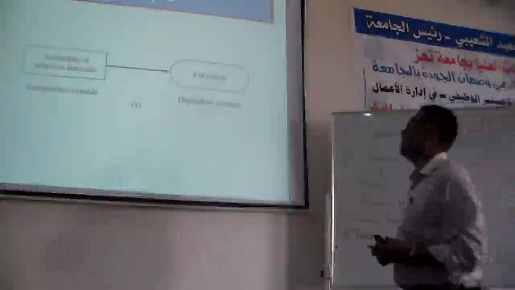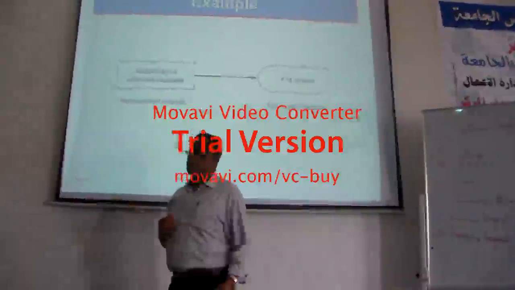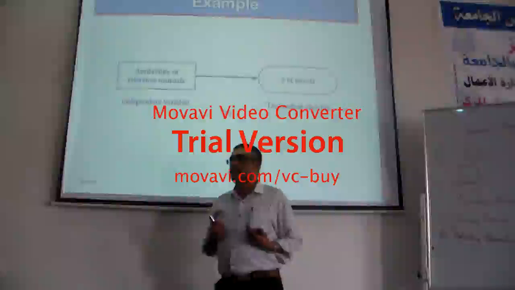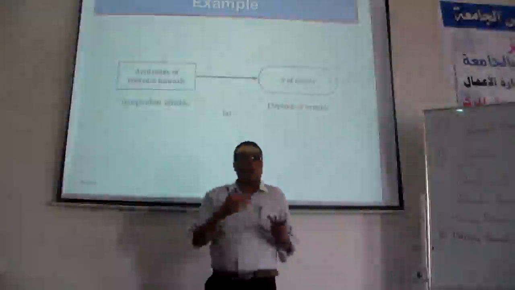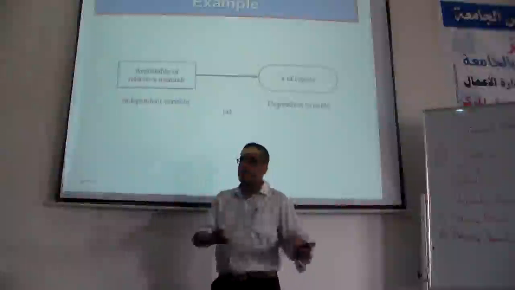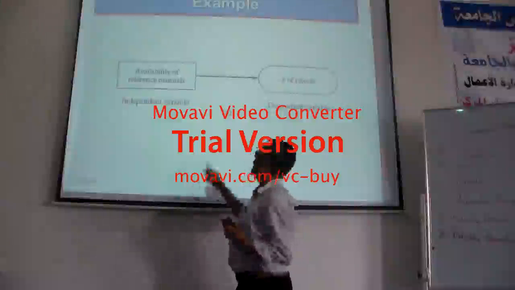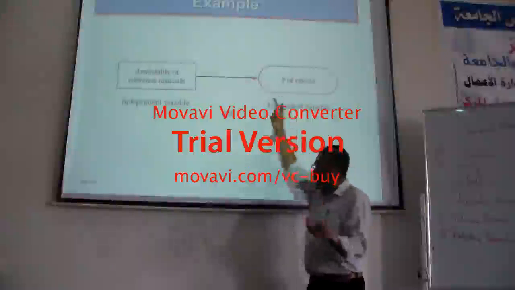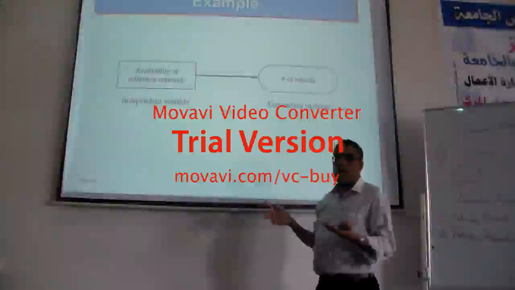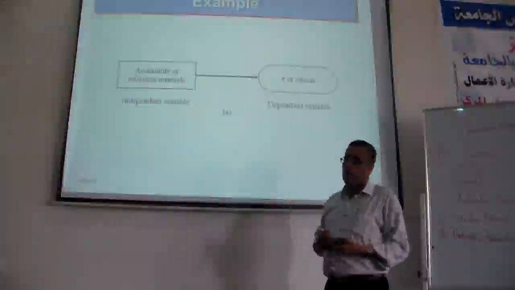Okay, how can we explain it? The reference manual is available. Available means it is there, behind us. We can refer to it. Not available means I don't need to look at it. If the employee doesn't look at that manual and does it from his mind, then the product may work well sometimes, but many times it will be defective and will not work well.